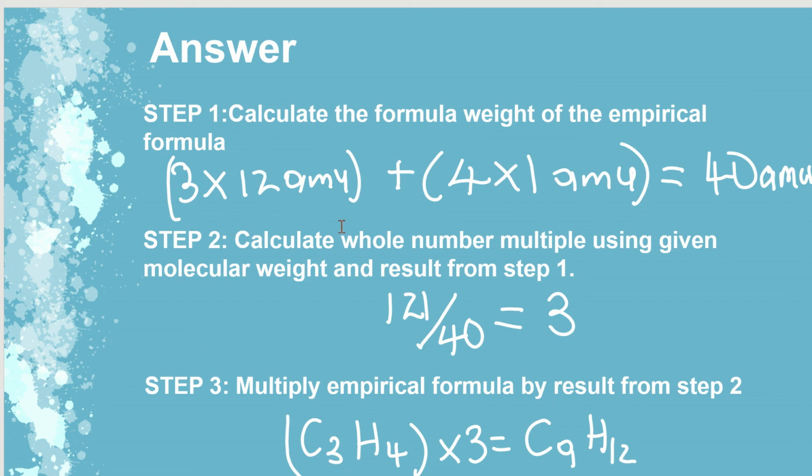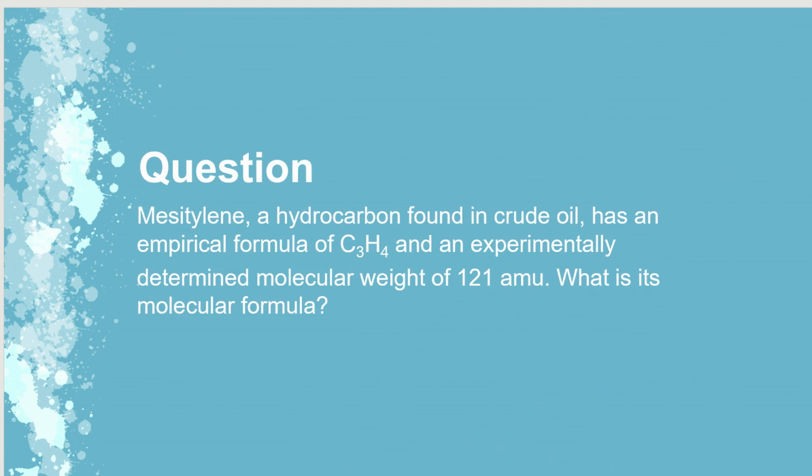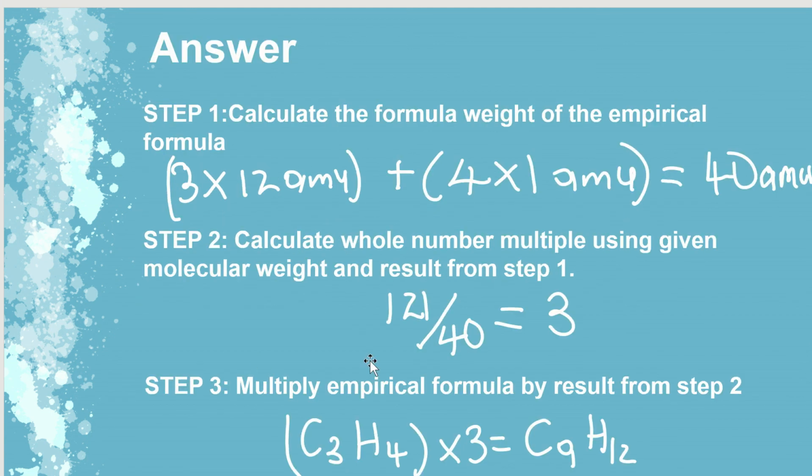Step 2 is to calculate the whole number multiple using the given molecular weight and the result from step 1. Our given molecular weight in the question was 121 atomic mass units.